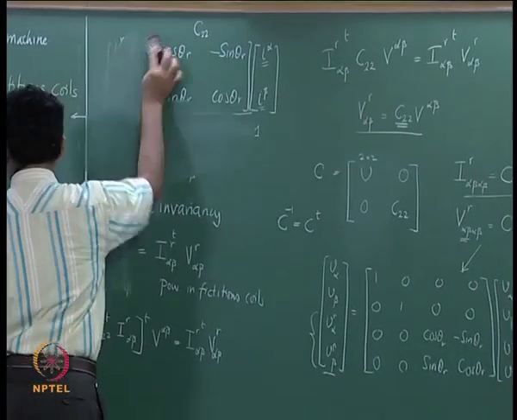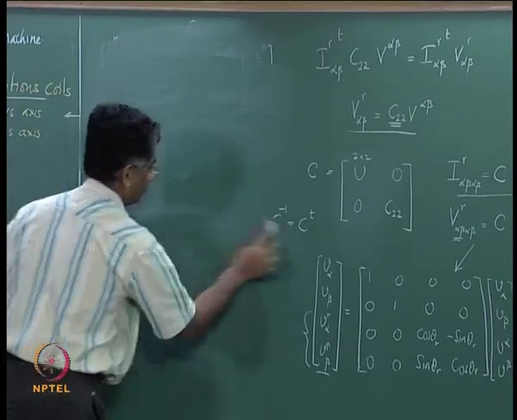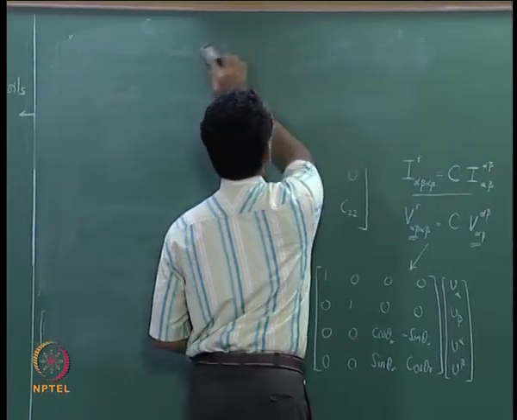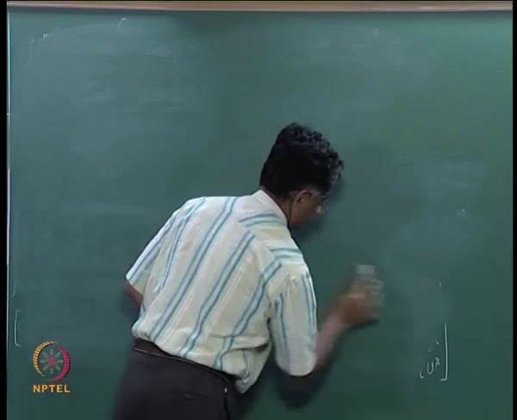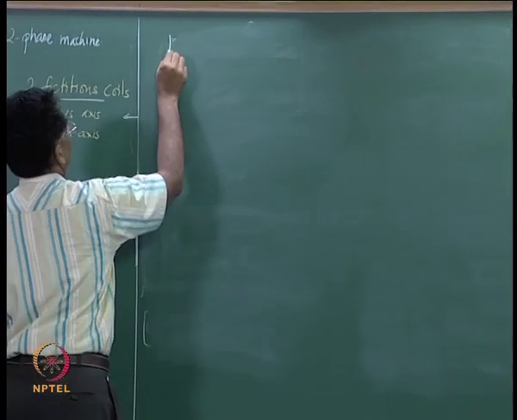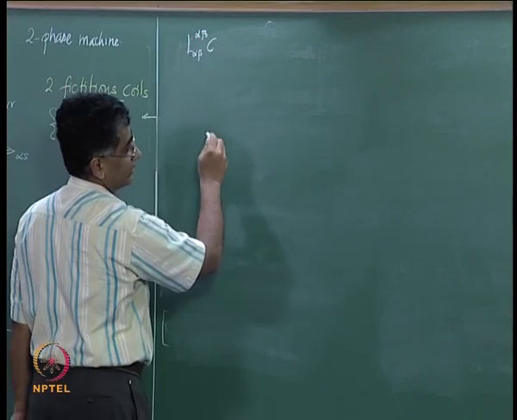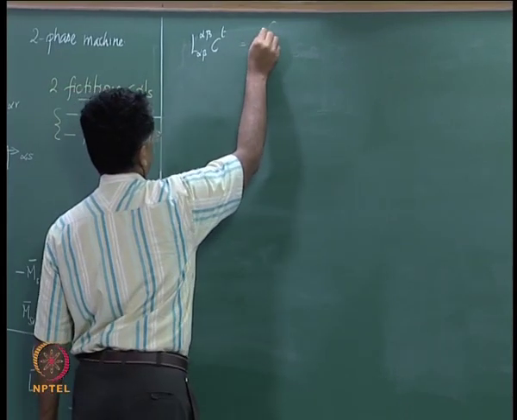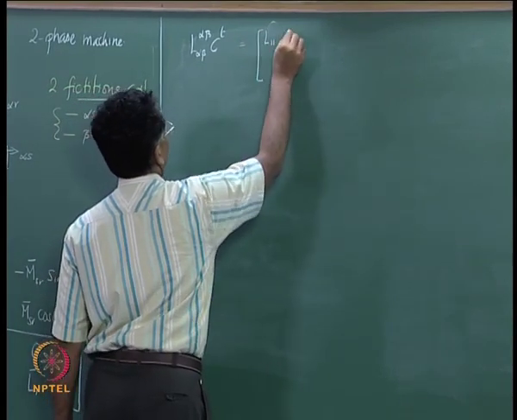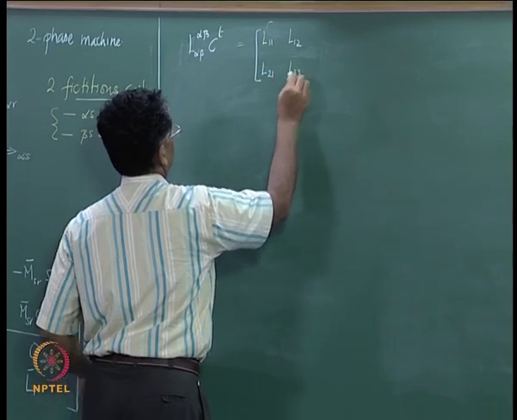Let us try to simplify the expressions. We will consider the term L alpha beta into C transpose. So this can be written as L11 L12 L21 L22.